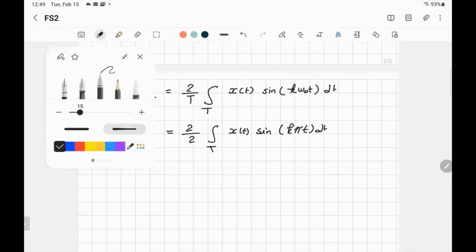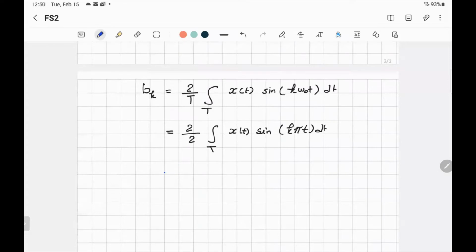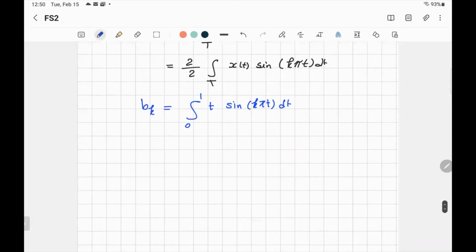Now I will perform the integration. 2 over 2 is equal to 1, and you integrate from 0 to 1, because from 1 to 2 the function is 0, and the function is equal to t. This time you multiply by sine k pi t dt. That's b of k.